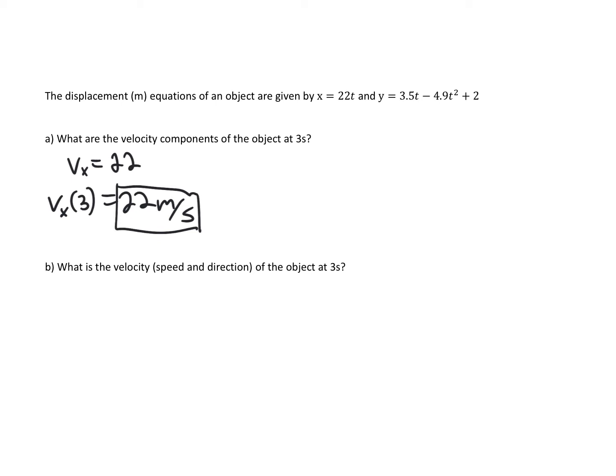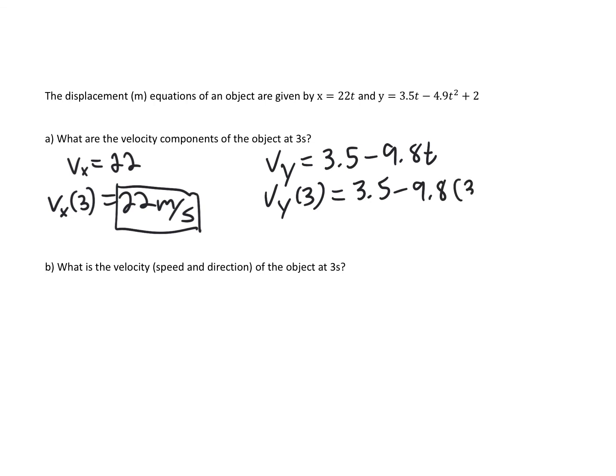The velocity of y, however, does vary. The velocity of y will be 3.5 minus 9.8 t, plug in 3, and we get negative 25.9 meters per second.